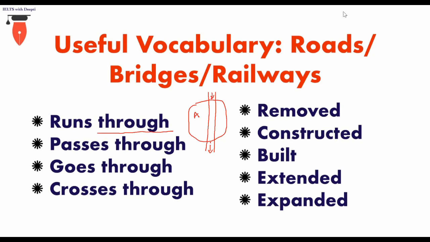Expanded can be used in this way: the main road was expanded to the north to connect to the other town. So these are some ways in which you can incorporate vocabulary into your IELTS Task 1 map section and make the most of it. So I hope you found this video useful.